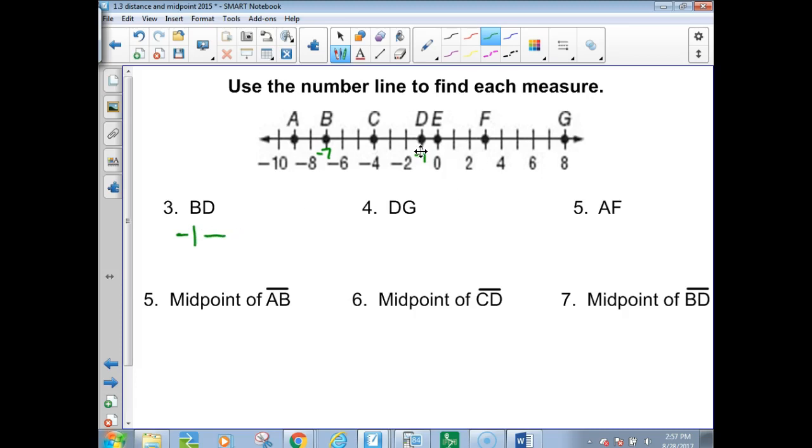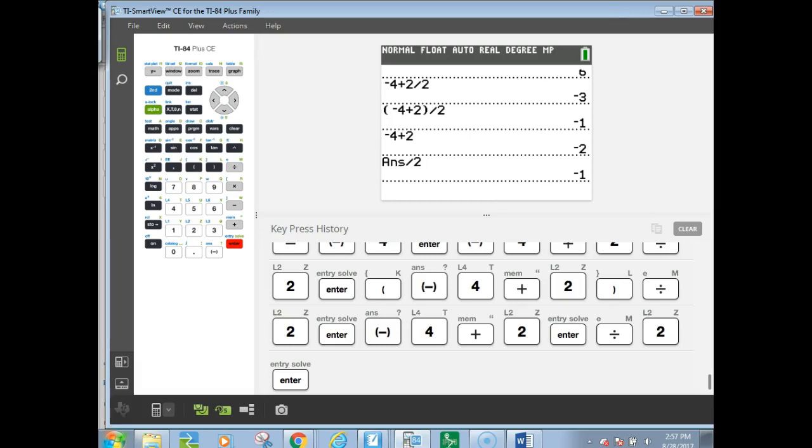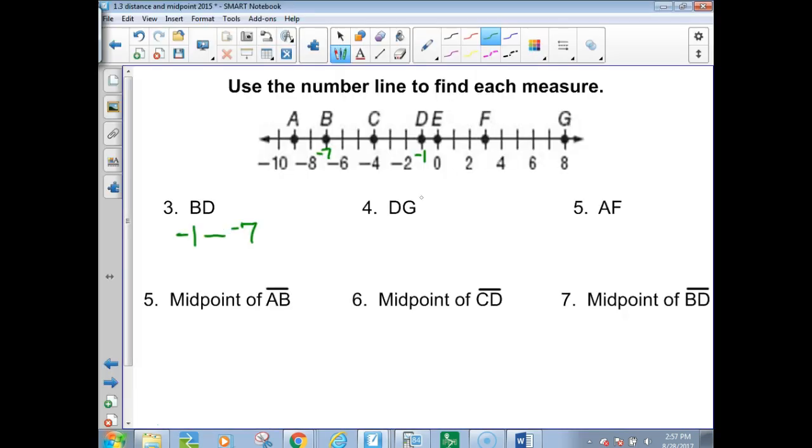We are now subtracting because we're doing distance. -1 minus -7. And so if you're really uncomfortable with the integers, just type it on the calculator. Well, I'm going to go ahead and do it out the long way. -1 plus 7, and this should be +6. So if you can do it without a calculator, more power to you.